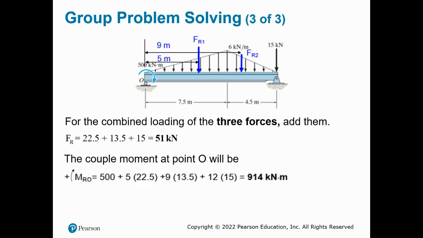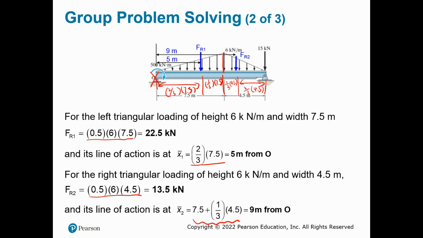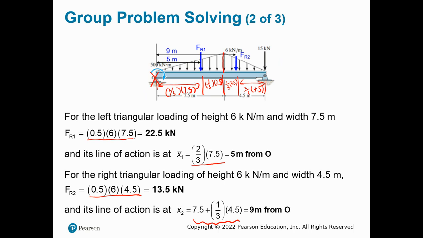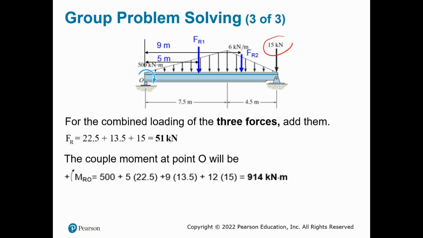Now adding all of the forces together, we have FR1, FR2, and don't forget that 15 kilonewton that is being applied. That's a point load being applied to the other side of the beam. Overall, I have that force, and every single one of the three is generating moment.